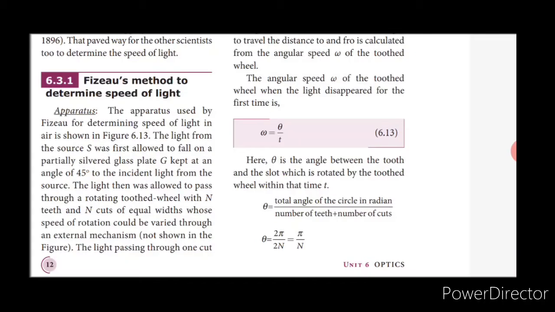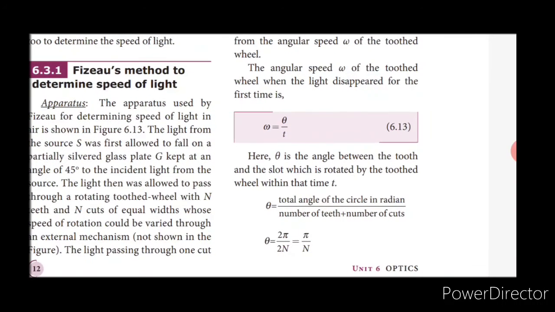The light from the source S was first allowed to fall on the partially silvered glass plate kept at an angle of 45 degrees to the incident light. The light was then allowed to pass through a rotating toothed wheel with N teeth and N cuts, whose speed of rotation could be varied through an external mechanism.